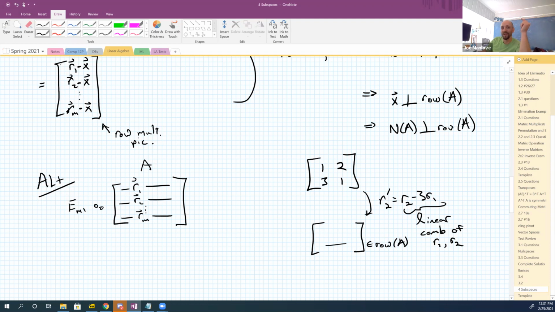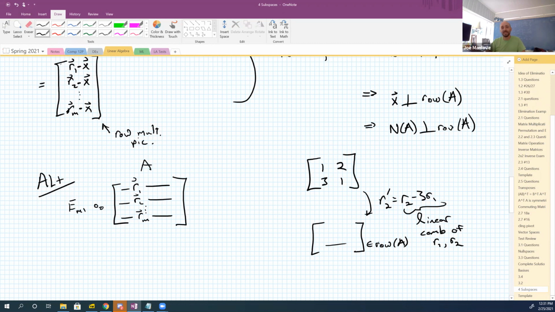You guys see that? I think this argument is a little weaker, personally. I don't find it quite as convincing because I love that perpendicular piece so much that I just can't help it. But this argument also works, right? Because I'm taking a linear combination at every elimination step, the row space isn't getting smaller.